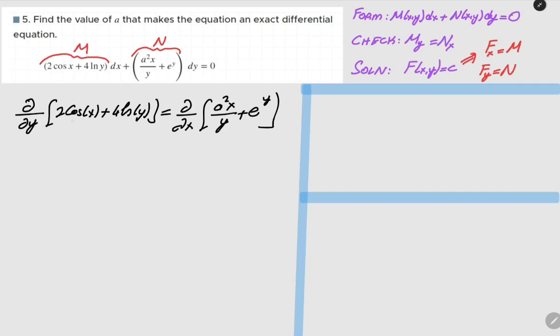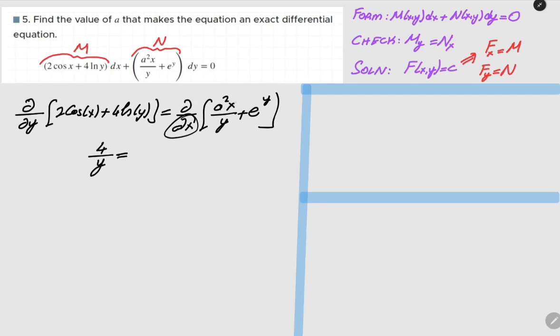Since the partial derivative is with respect to y and there is no y in the first term, its derivative is 0. And what about the second term? Ln y has derivative 1 over y, so the result is 4 over y. This should be equal to the following. What about this term? There is no x here, so the result is 0.